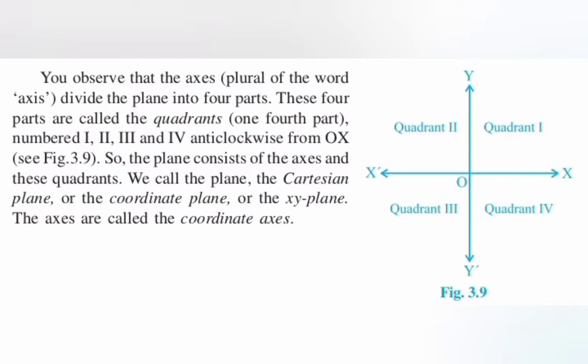So this is what we call a Cartesian plane, or we can call it a coordinate plane, or we can call it an xy plane, and these axes x-axis and y-axis are called the coordinate axes. Understood? So these two lines will divide the plane into 4 equal parts, and these parts are called quadrants, and we mark them as quadrant 1, quadrant 2, quadrant 3, quadrant 4, that is anti-clockwise direction from the direction of OX. Okay.